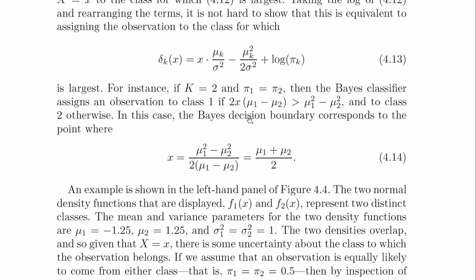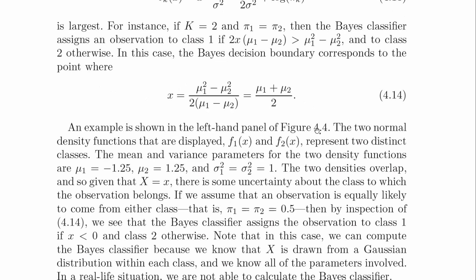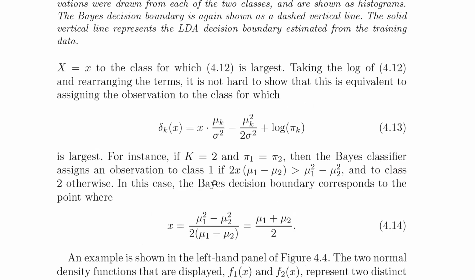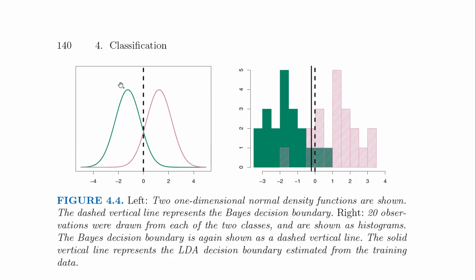In this case, the Bayes decision boundary corresponds to the point where, okay, this is going to be like some kind of cutoff point. An example is shown in the left-hand panel of figure 4.4.